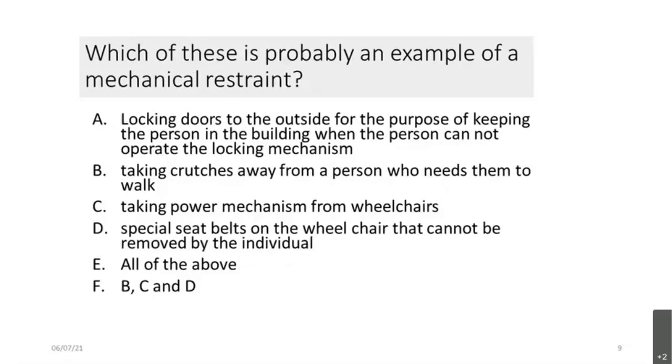The next one is another challenge question, and this one does have, hopefully, the ability to only select one and have it be correct. It says, which of these is probably an example of a mechanical restraint? And if people have questions about this, we can spend some time and talk about it, but let's see first what people answer.